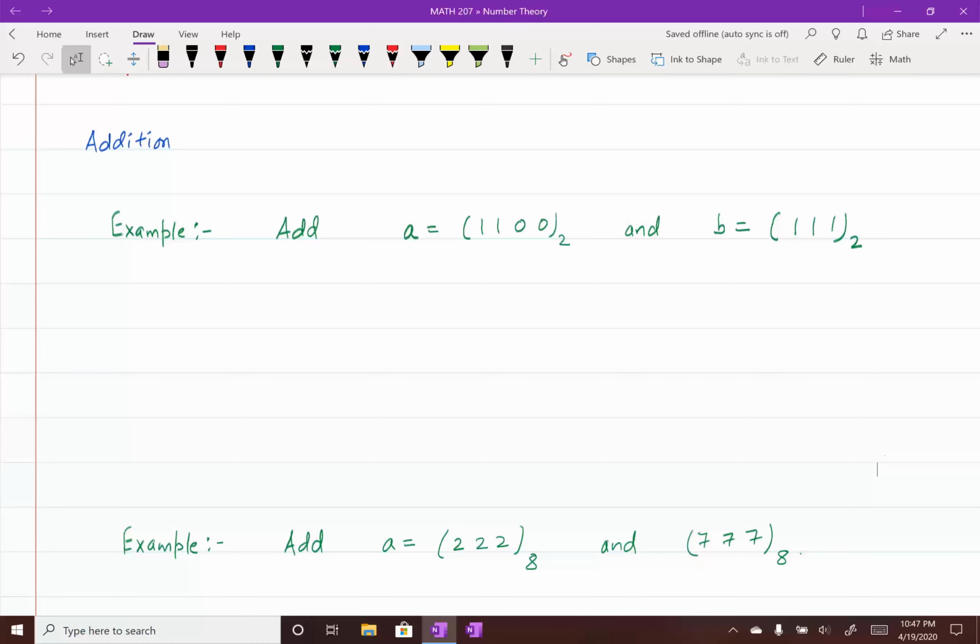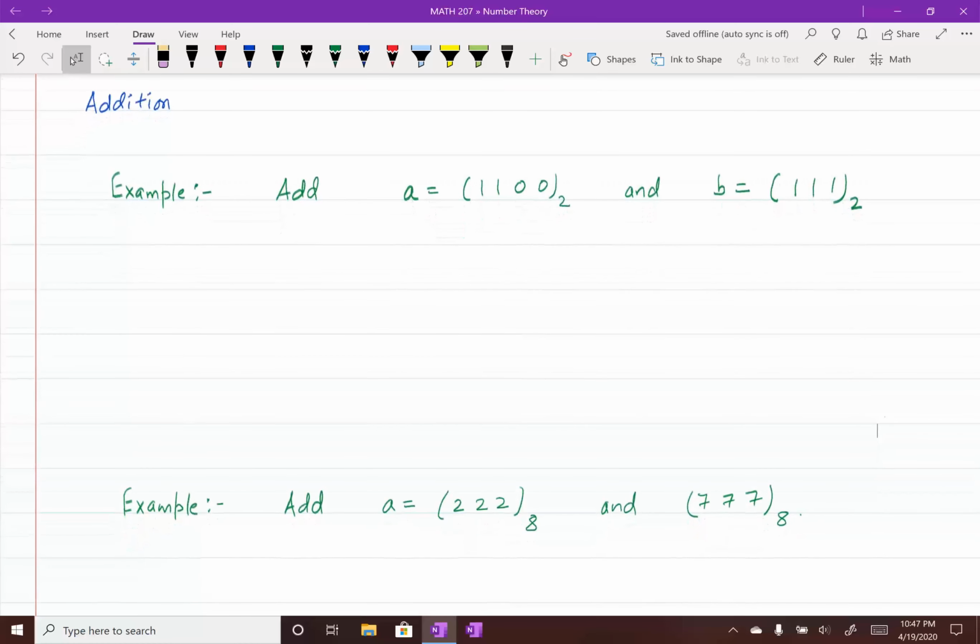To add them, you write them as 1100, and the second integer b is given as 111, and then you don't have a place here, so you put a space here. So you have no digit here, and the first expansion will have 4 digits, the next expansion will have 3 digits, but they will have the same base.